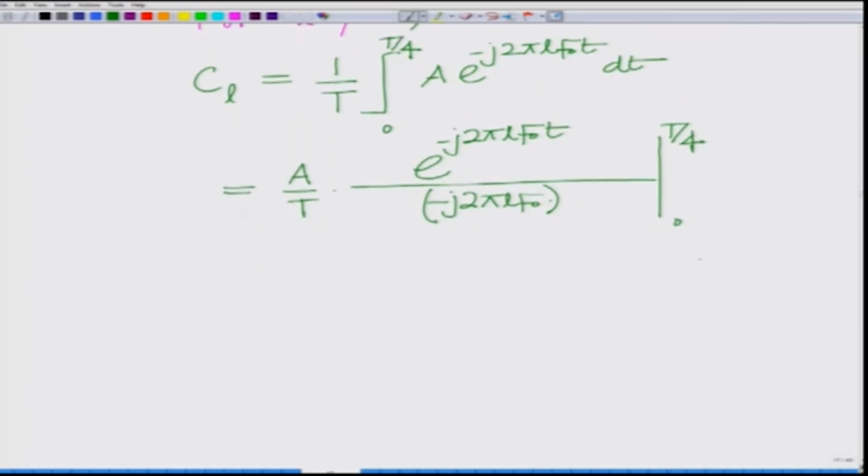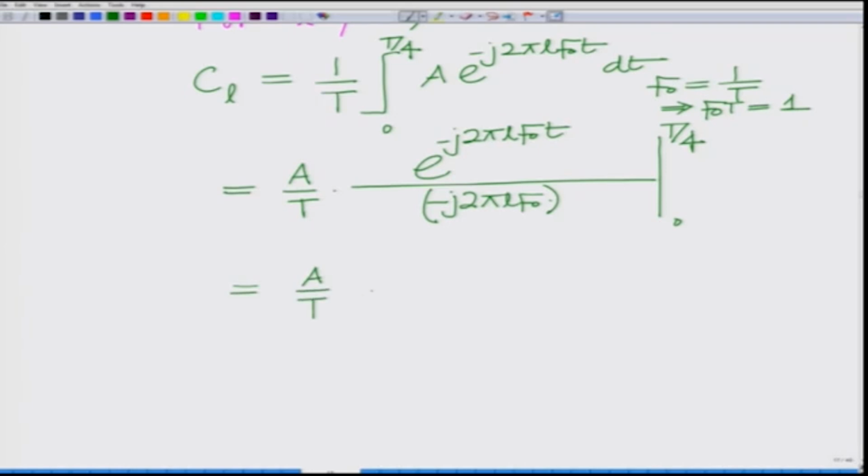Notice that f naught equals 1 by T, which implies f naught into T equals 1, and we are going to use that principle in the simplification here.